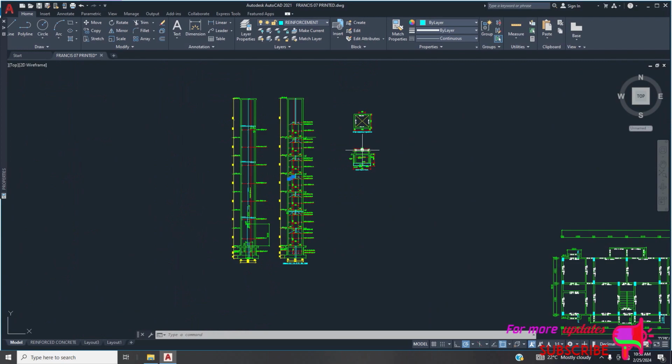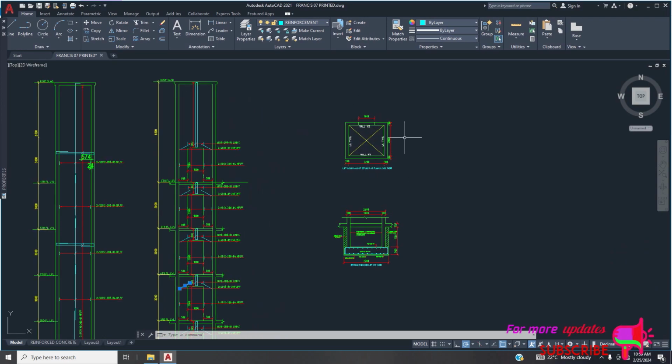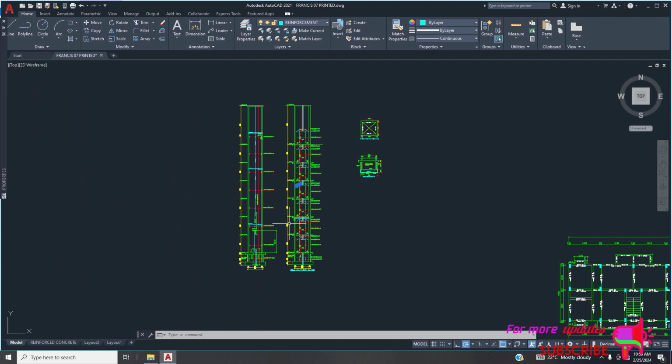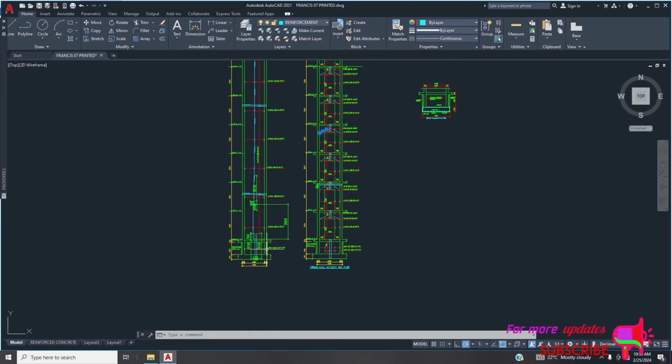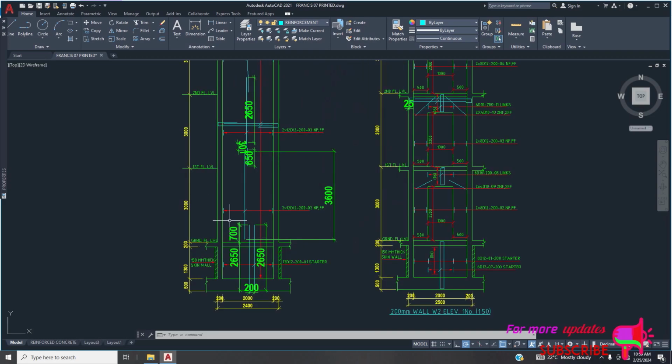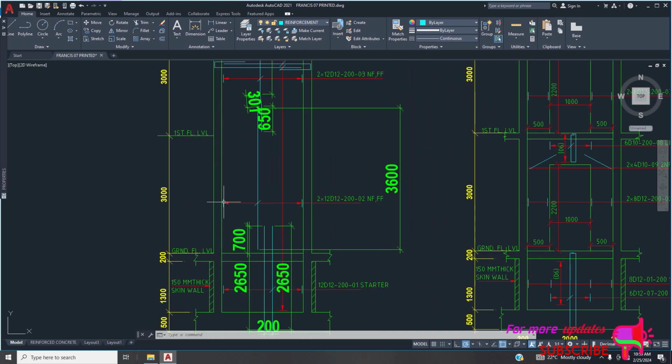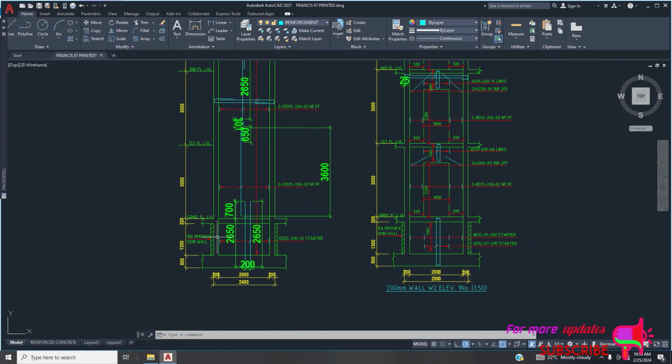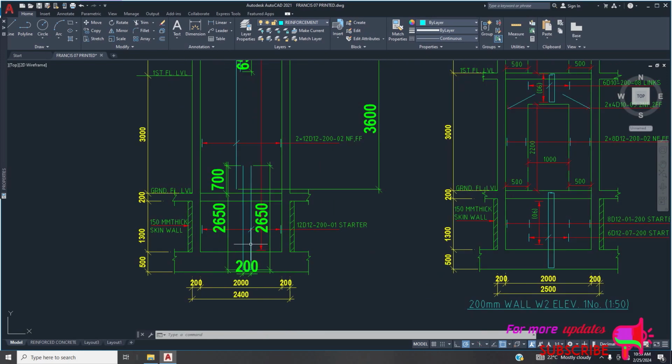So let's start with the three similar portions where we don't have any opening. We will just detail one side to represent the three sides. So this is the one which represents the sides which don't have any opening. We will start with the starter.